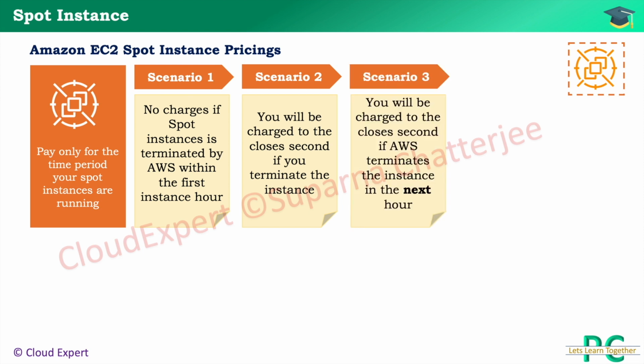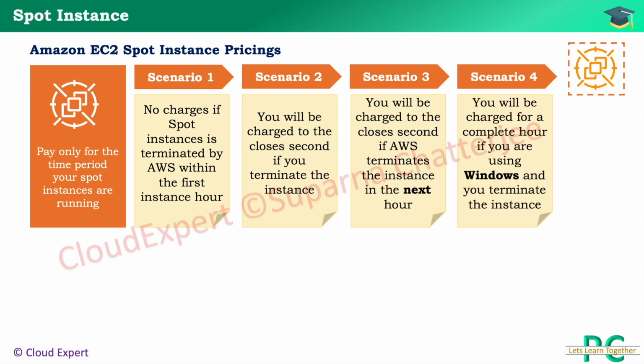If AWS terminates your instance in the next hour, that means you have already consumed 1 hour and AWS terminates in the next hour, you will be charged close to the second for Linux and close to the hour for Windows. You will be charged for a complete hour if you are using a Windows instance and you terminate or stop the instance.